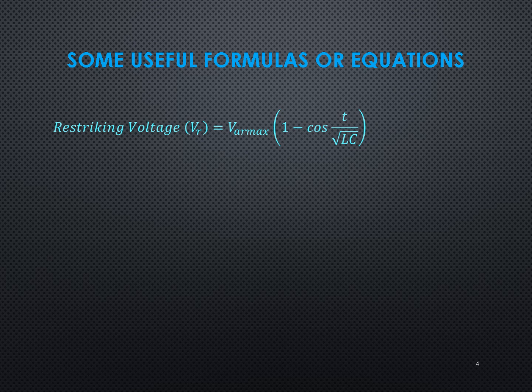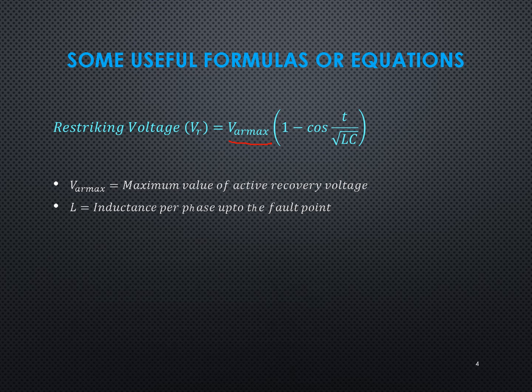It is the transient voltage appearing across the circuit breaker contacts at the instant of arc interruption, and it is represented by VAR max, which is the maximum value of active recovery voltage, times 1 minus cos t by root LC. L is the inductance per phase up to the fault point, and C is the capacitance per phase to ground up to the fault point.